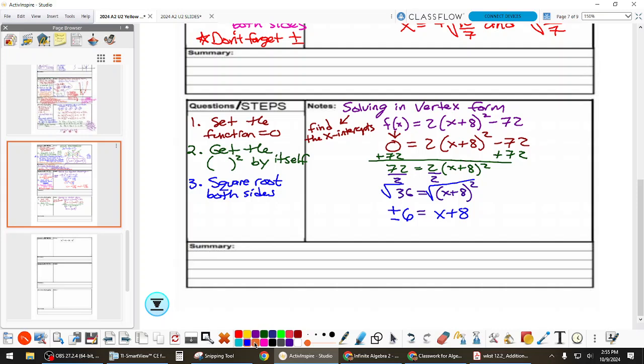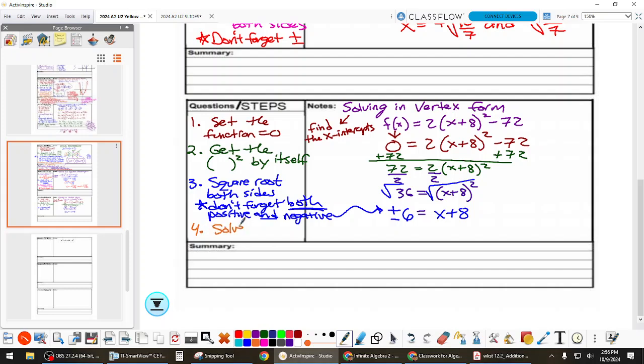Now we get x by itself. And actually, before I write that, let me remind you, don't forget both positive and negative. Okay. Then we go ahead and solve for x like usual.